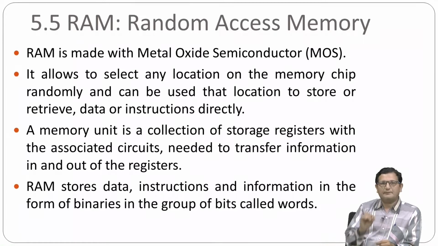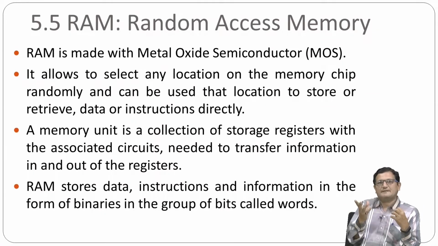It is actually made from small cells, the transistors, and in one transistor we can store 1 bit of data. Here the memory has to be read or written in the form of words. That means the CPU can read 8 bits or 16 bits at a time, or write 8 bits or 16 bits at a time, right.